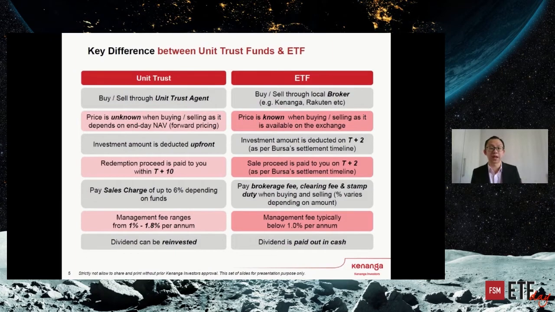Sorry, 1% is actually high for an ETF. Generally, you are looking at a range of 0.4% to 0.6%. Last but not least, for unit trust, the dividend is generally paid to you in unit form, which can be reinvested, while ETF is just like any stock. When they pay dividends, they will pay you in cash. So this is generally the difference between unit trust fund and ETF.